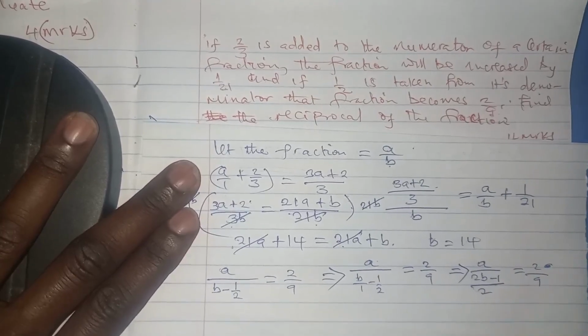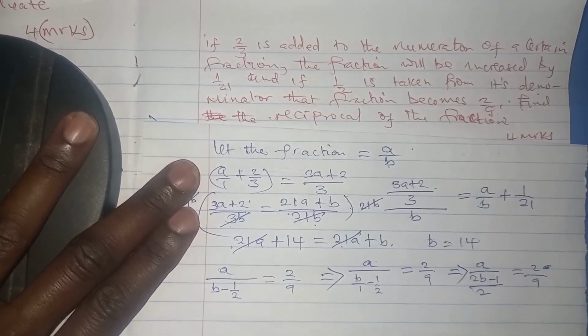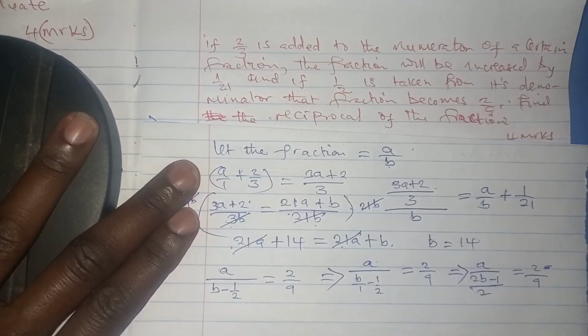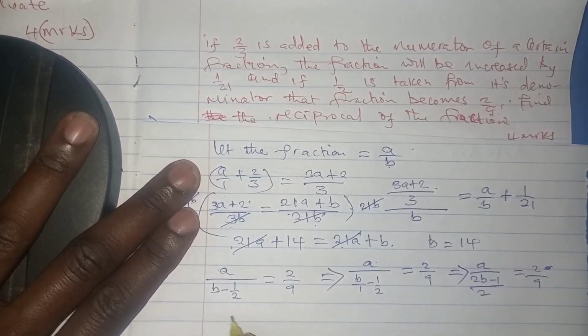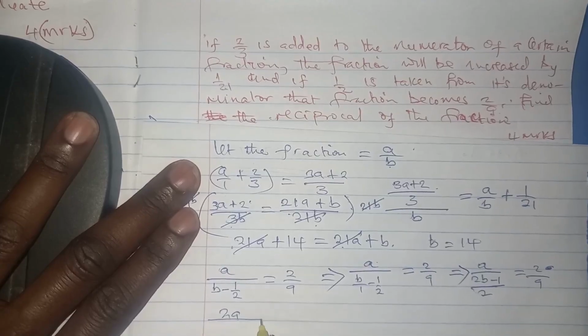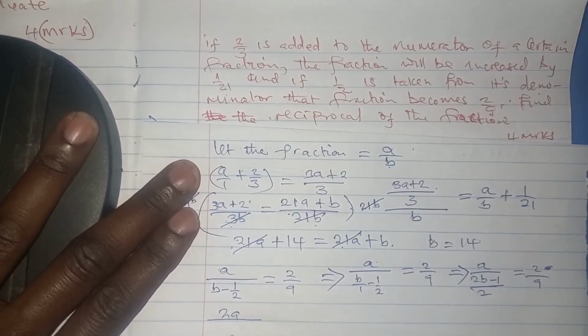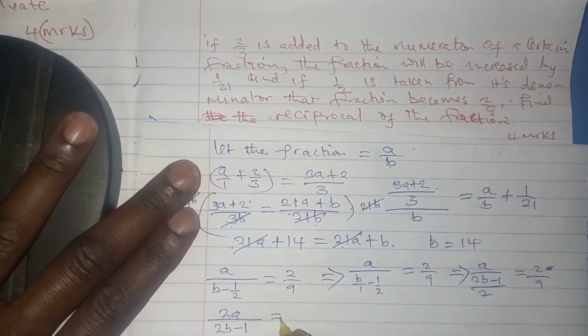Then this one will simplify to 2a over 2b minus 1 being equal to 2 over 9.